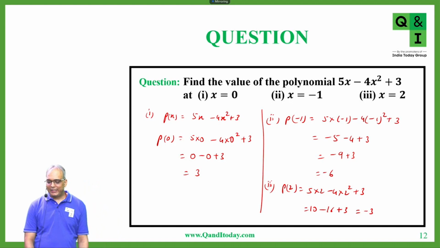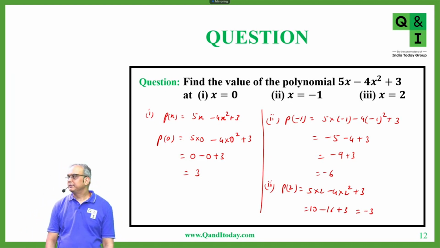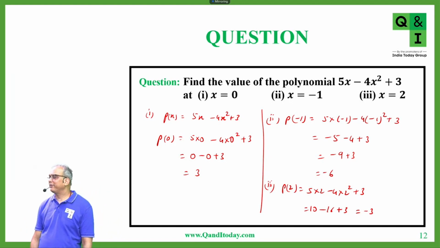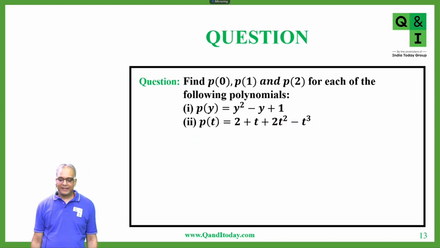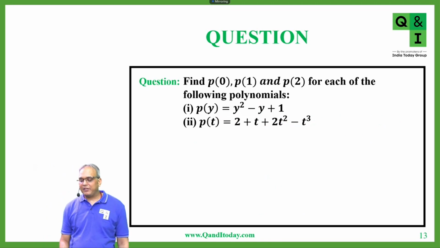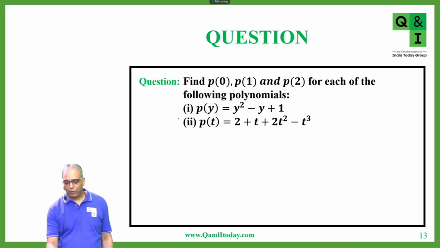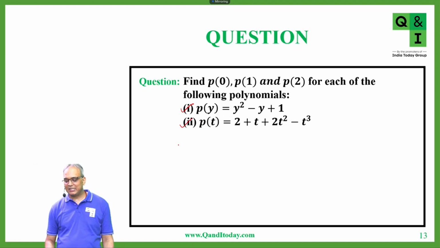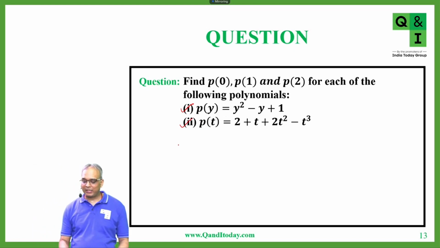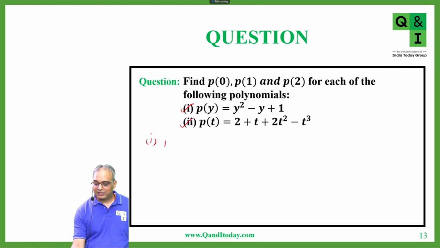So let's move to the next question now. I hope everyone else is understanding and noting it down. Find p(0), p(1) and p(2) for each of the following polynomials. p(y) is equal to y square minus y plus 1 and p(t) is 2 plus t plus 2t square minus t cube. First one, p(y) is y square minus y plus 1.